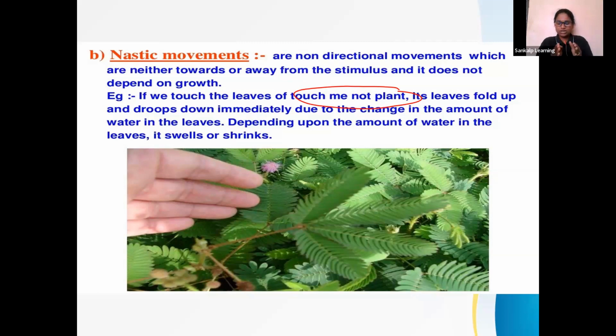When you touch it, the water in the leaves is suddenly taken off, so they droop down and fold. Depending upon the amount of water in the leaves, it swells or shrinks, and then they unfold again. This is called a nastic movement, which is not dependent on growth and does not have any direction.